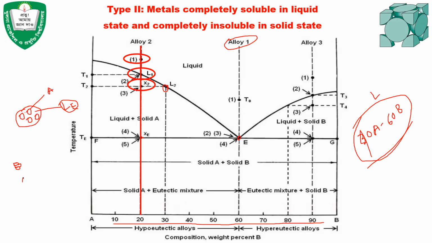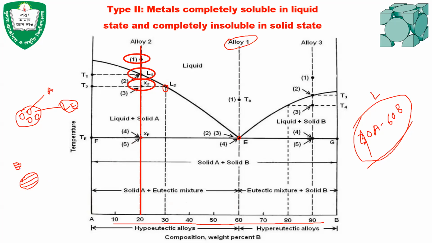And in this way, grains are formed with metal A and metal B staying together but not mixed. When this kind of grains are formed, where metal A and metal B stay separately, that is called the eutectic mixture.